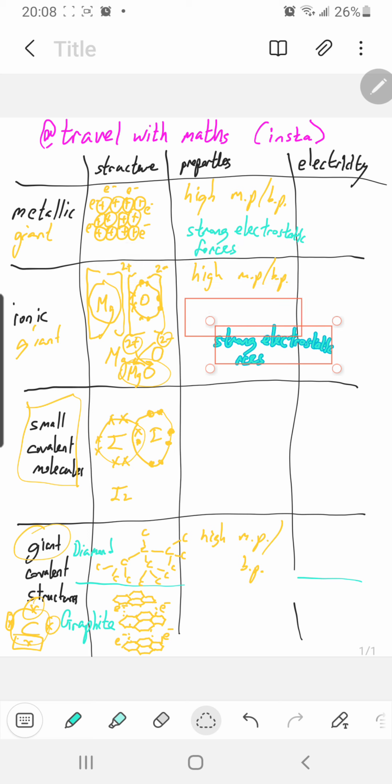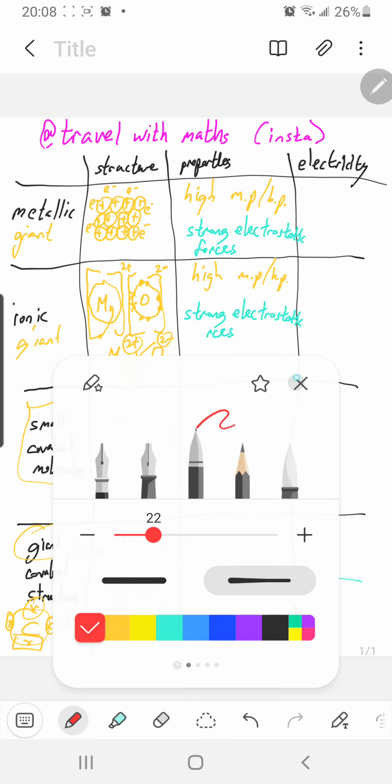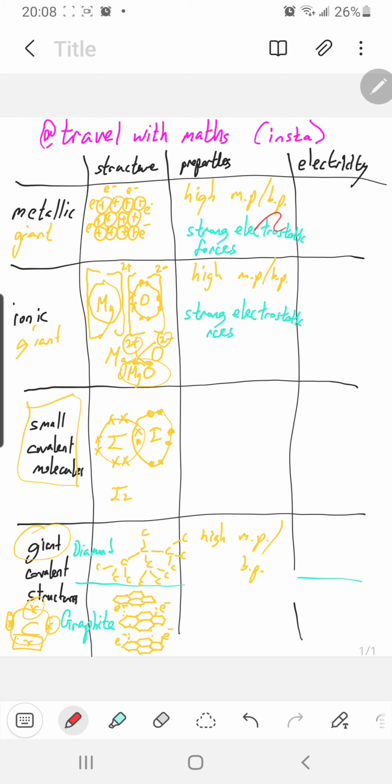Just remember, in metallic structure, it's between the positive metal ions and the negative electrons. In ionic structure, it's between the positive metal ion and the negative non-metal ion.